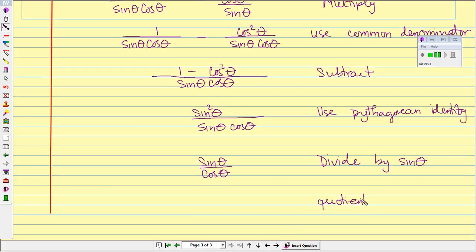And lastly, we are going to use the quotient identity to replace sine divided by cosine with just tangent of theta.